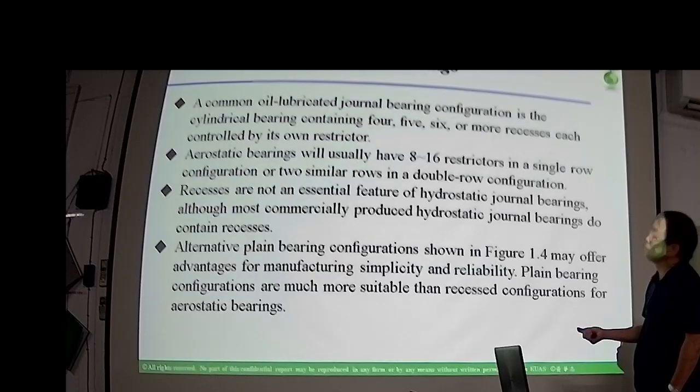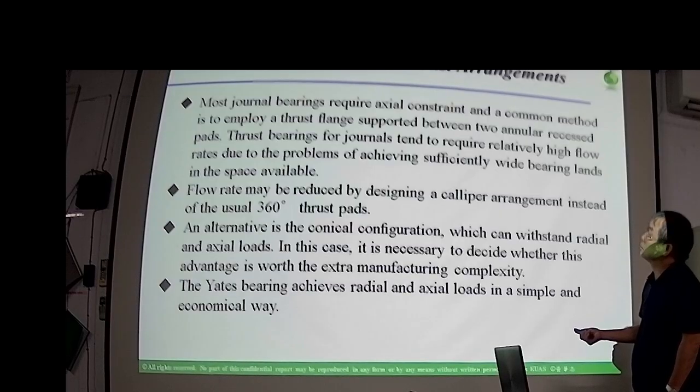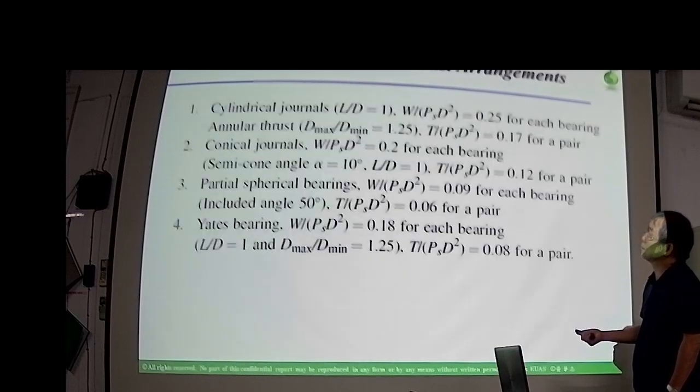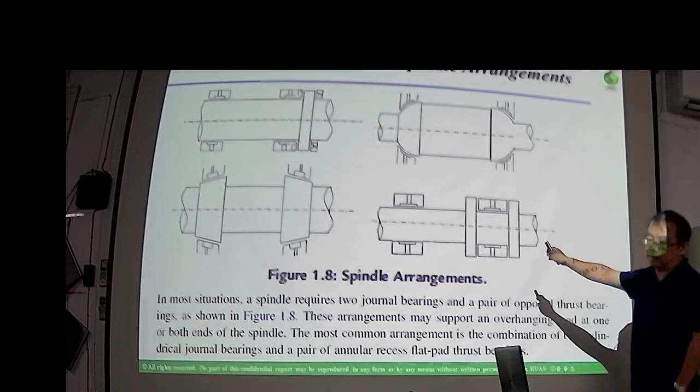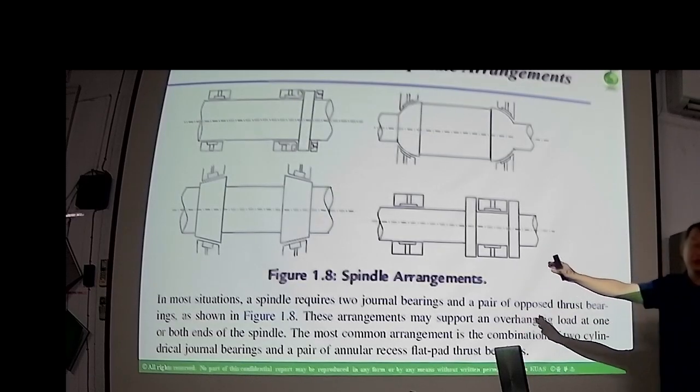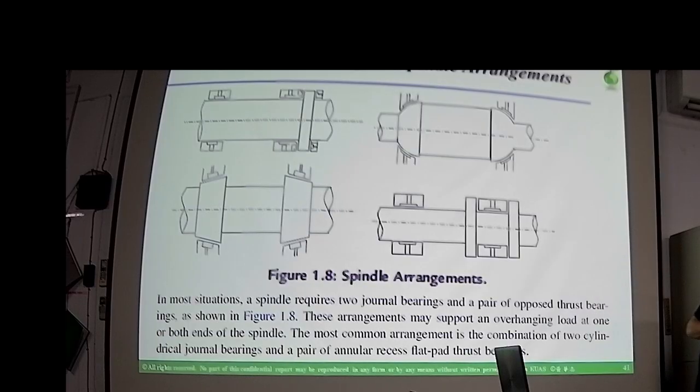So today we are going to introduce the flat deck bearing. Last time we also talked about the configuration for the spindle. The hydrostatic bearing arrangement in the spindle, especially for the grinding spindle, milling spindle, even the turning spindle, is the same.